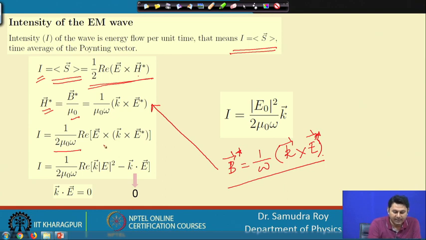Now, we have A cross B cross C, this is the form we now have.